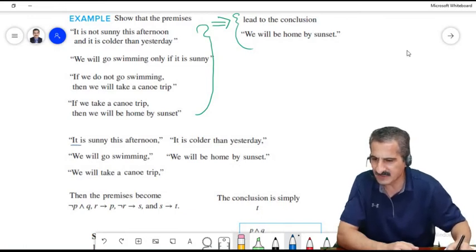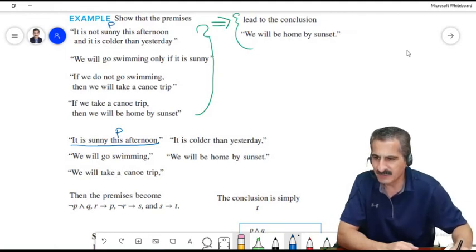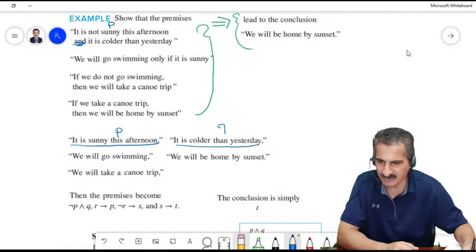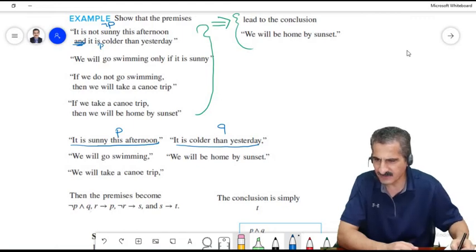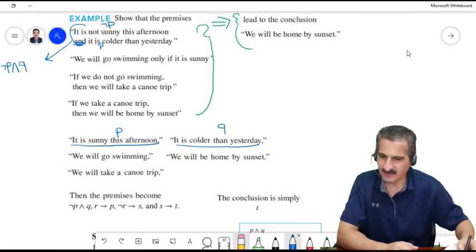So we will say it is sunny this afternoon, and this is P. And it is colder than yesterday, we will give it Q. So we will have not P, it is not sunny, and Q. So this is the first one: not sunny and colder than yesterday, which is not P and Q. Okay. Now let's go to the second one.